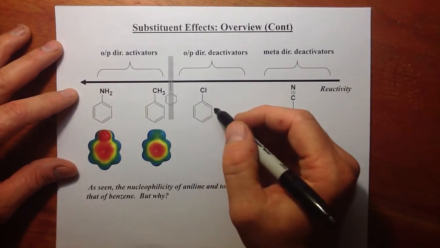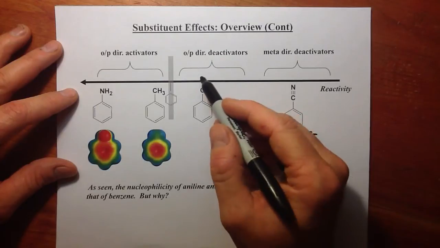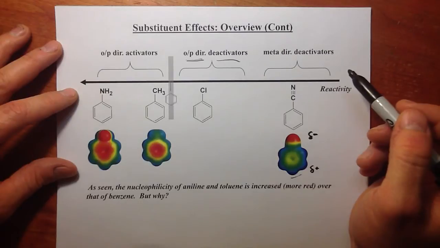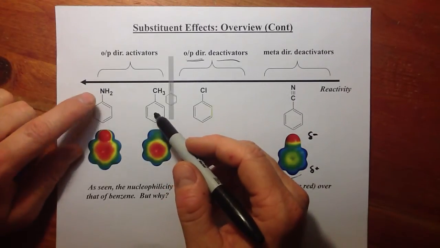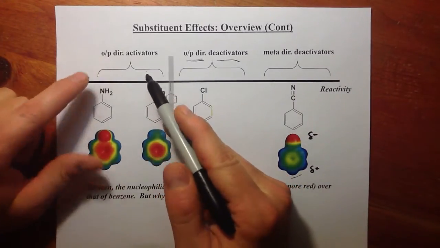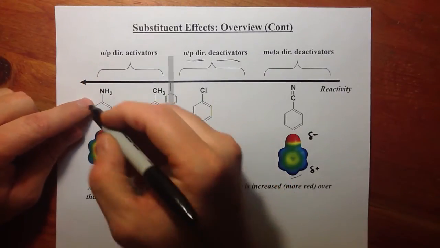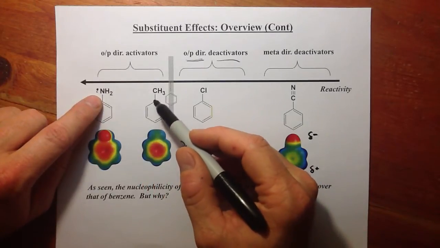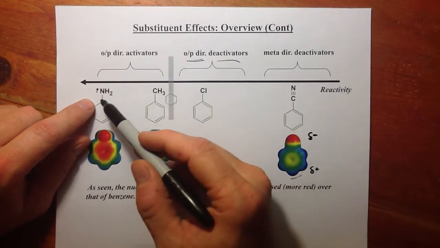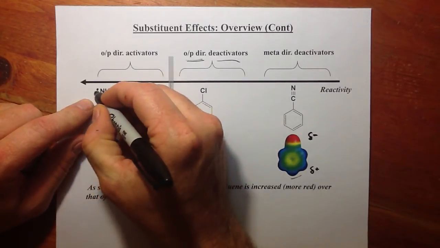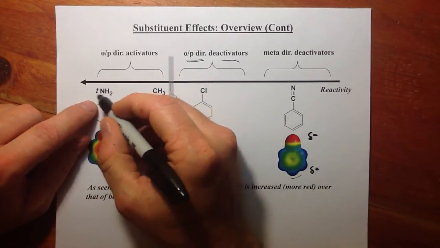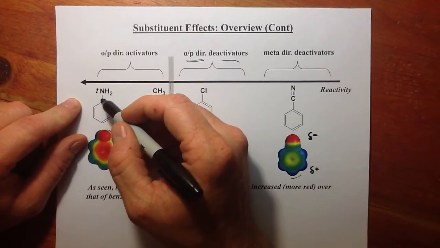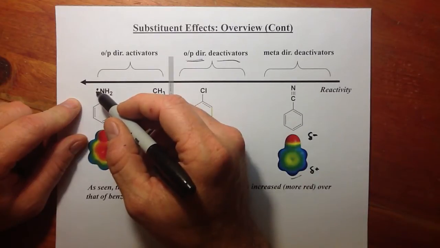The chlorine off of a benzene ring, halogens off of a benzene ring, those are the ortho-para directing deactivators that I need to know. Then I put two in this category of ortho-para directing activators in this order. More activating is the amine than the methyl, alkyl, aryl groups. In general, this amine does have a nitrogen bonding the NH2 to this ring, wherein the atom bonding the group to the ring has a lone pair and is not in a pi bond.